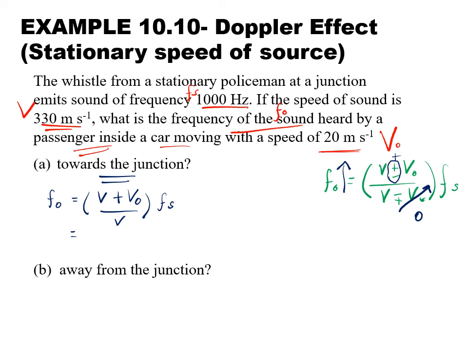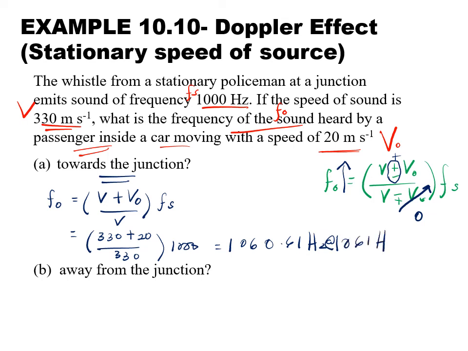So your V now is 330 plus your V observer 20 divided by 330 times your sound frequency 1000 Hertz. So then you will get F observer 1060.61 Hertz or 1061 Hertz also, you can use either.